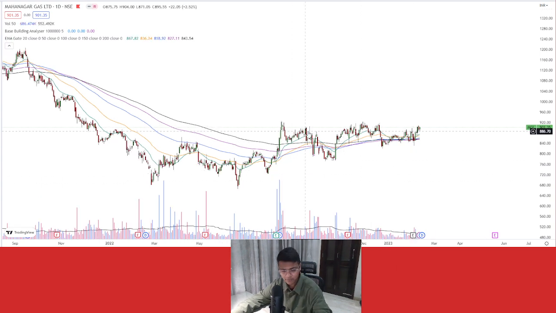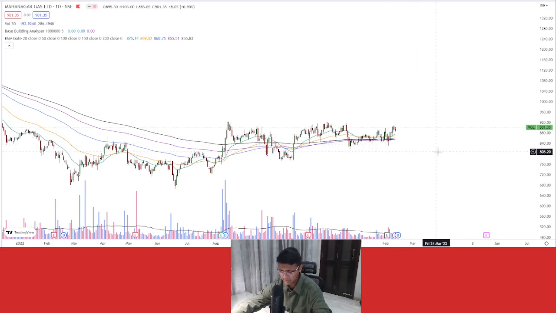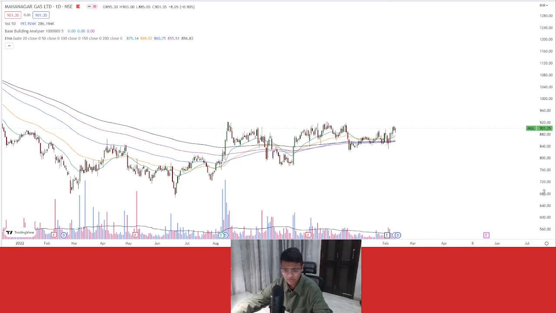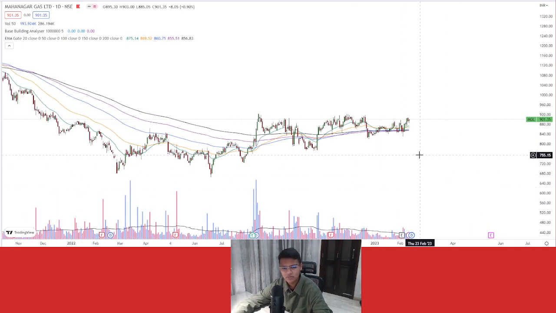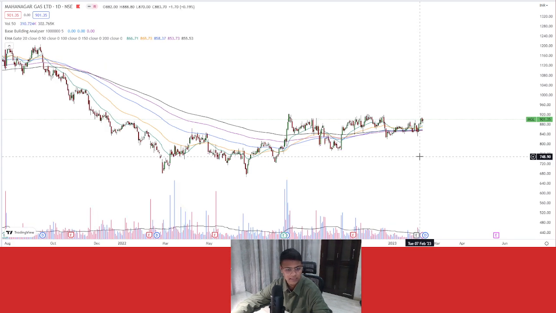And I had explained what these EMAs were, the different colored lines. EMA is basically an average of the stock price over a particular time frame. So it's a very simple indicator, but very effective in trading. So let's start.